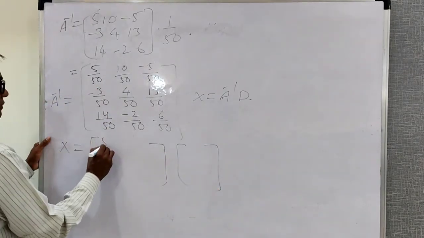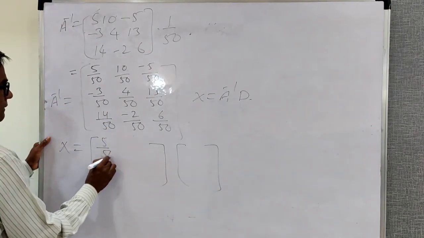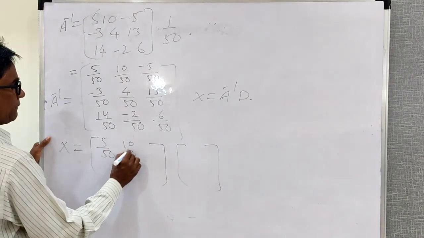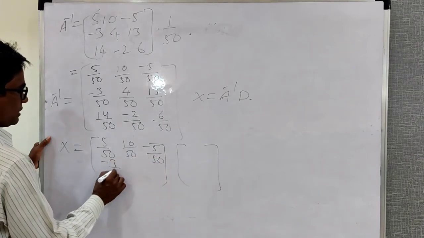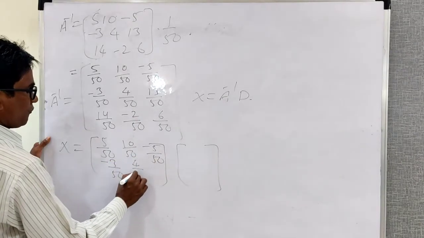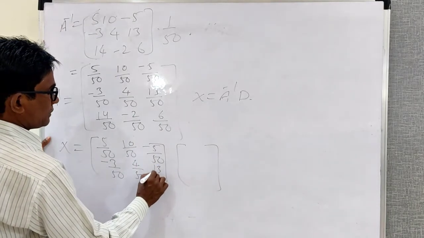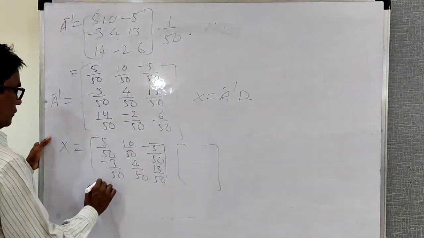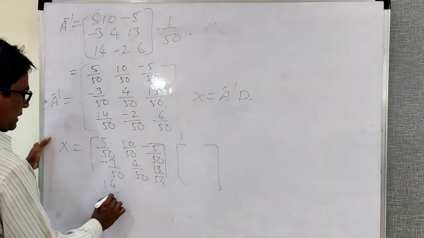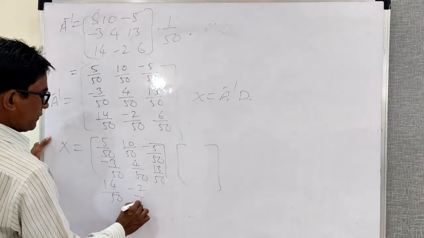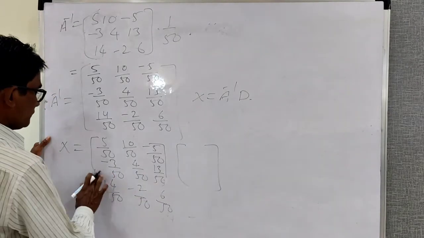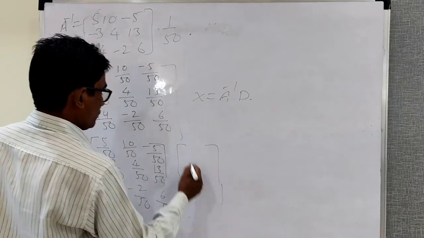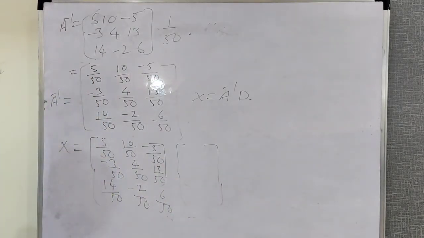So what is 5/50, 10/50, minus 5/50, minus 3/50, 4/50, 13/50, 14/50, minus 2/50, 6/50 into D matrix, that is 5 0 5.